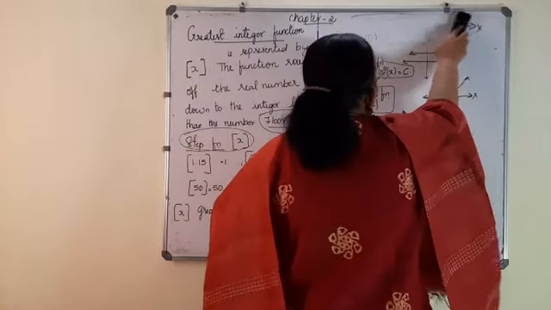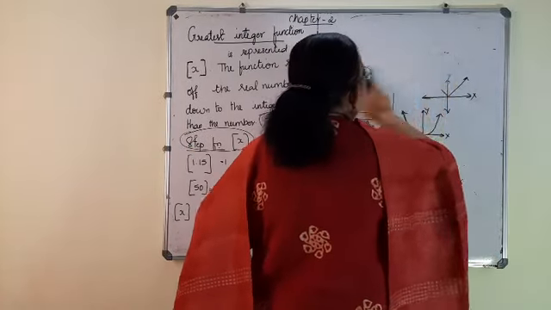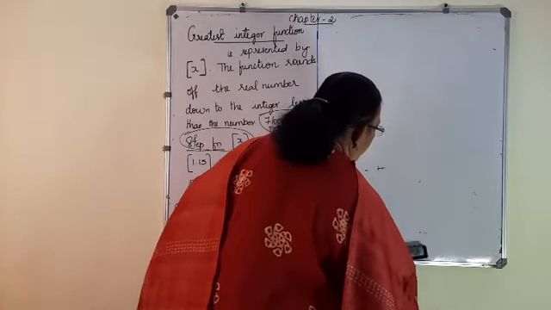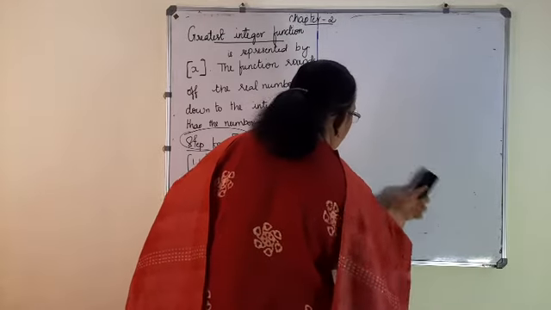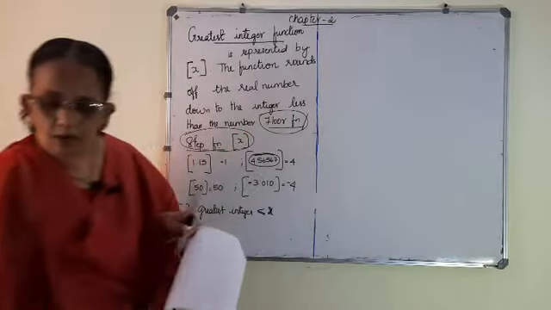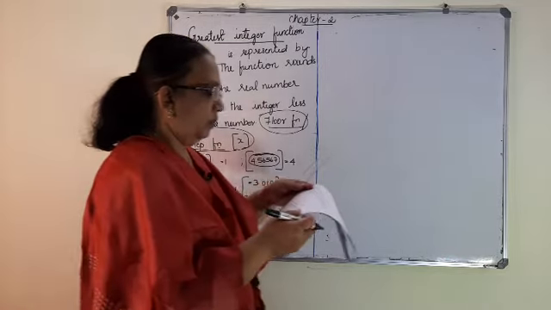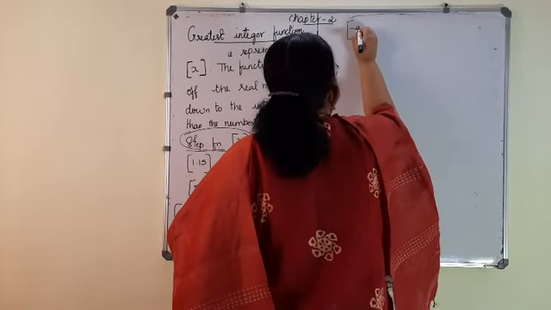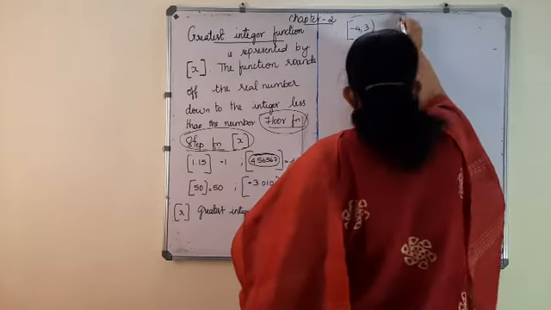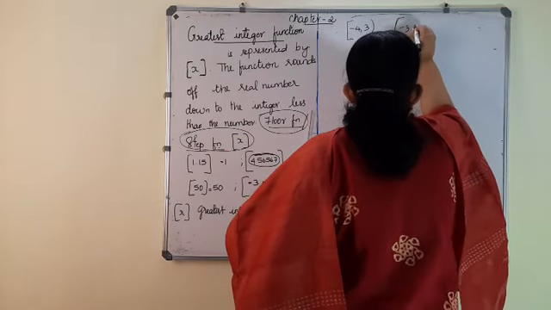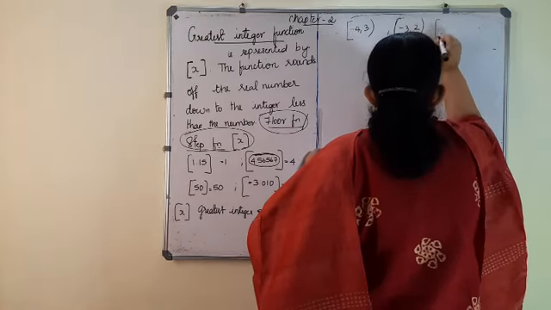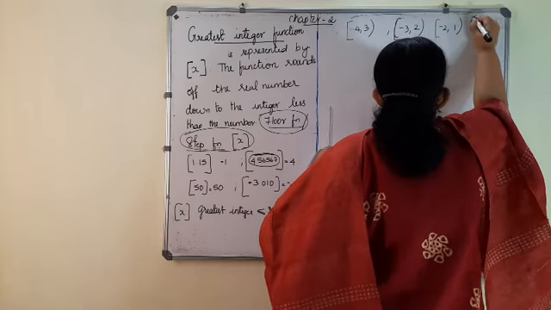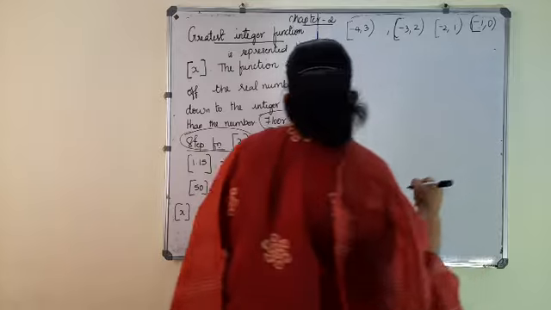I'm just going to rub this side so that we can draw the graph of the greatest integer function. The graph is a piecewise function whose domain is divided into intervals of the form -4, -3; -3, -2; -2, -1; -1, 0; and so on.